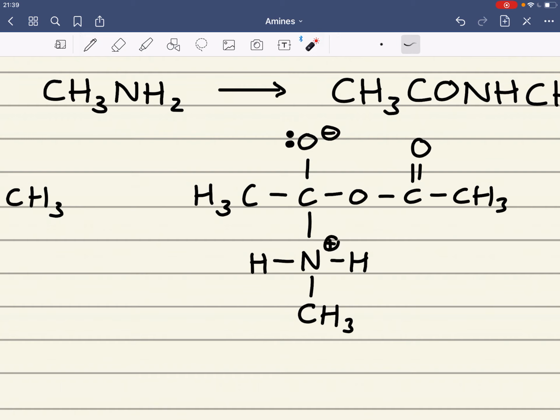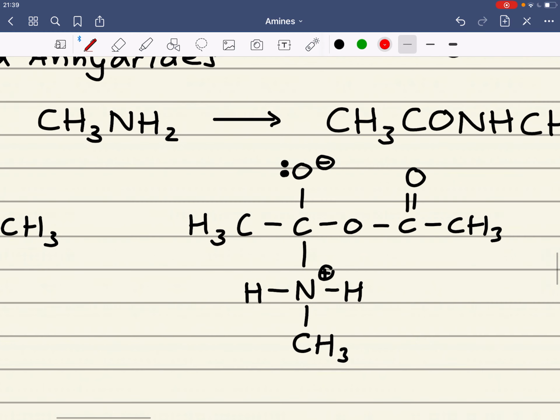So in effect, all this thing here is instead of the Cl. As I said, I will stress this mechanism is not required, but I'm showing it to help you realise that acid anhydride reactions are quite straightforward.